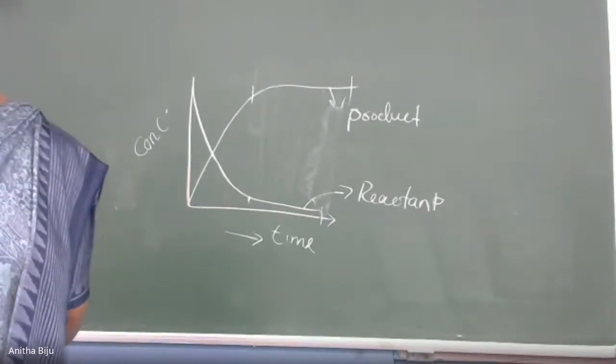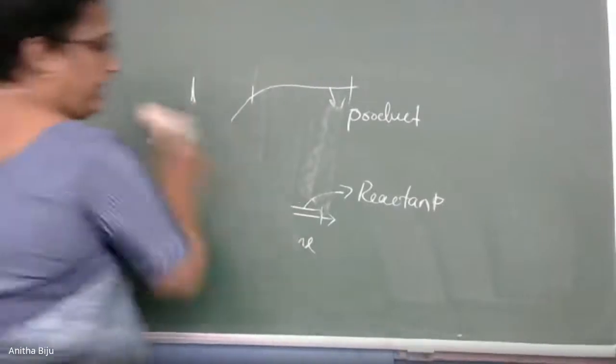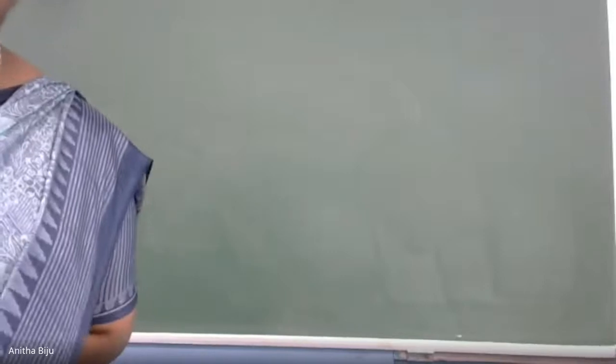Now let us think about the second part, the graphical representation of the same. The rate of a reaction is of two types. The first type is called the average rate, and the second type is called the instantaneous rate.